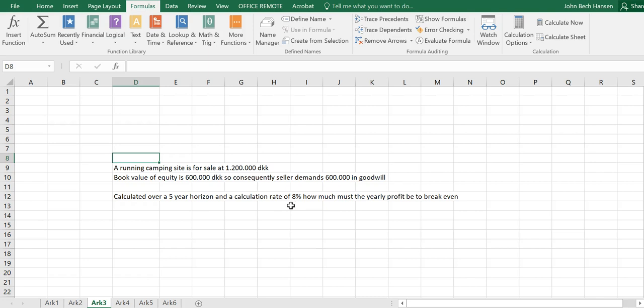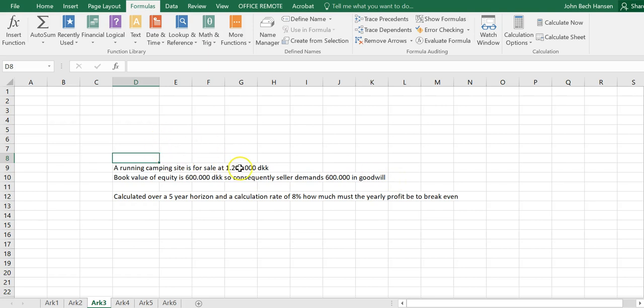And we would like to find out what we can actually expect that we will have to make in profit every year in 5 years to break even for this extra payment of 600,000.